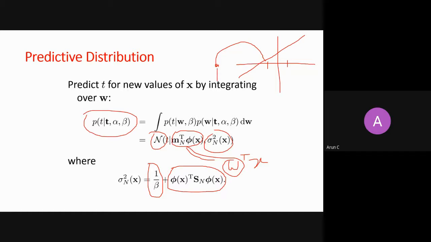You are saying this is the value on this line, the line is fine, but how confident are you? The confidence is very low because the data I have seen so far is not close to this predictive point. And if it is not close, I cannot say very confidently what that value could be.